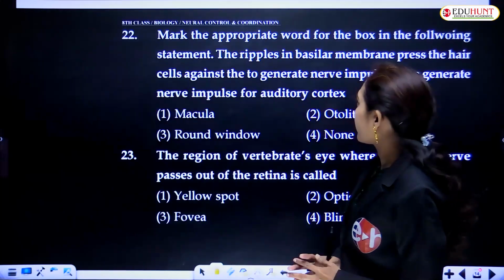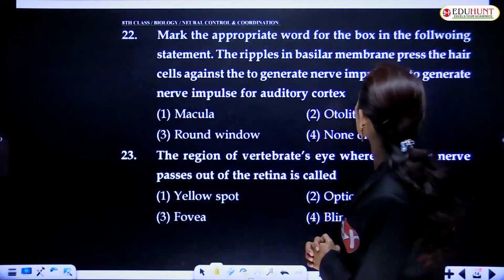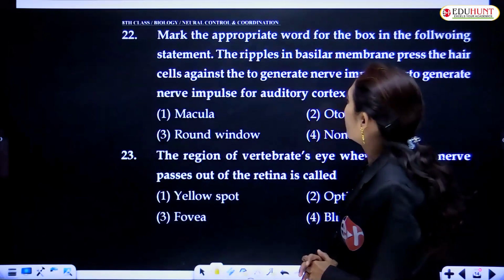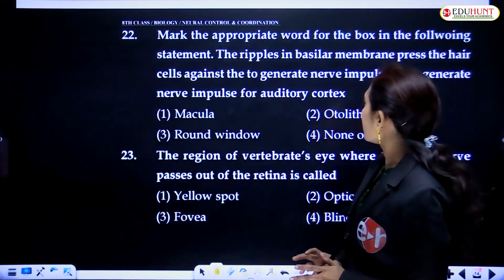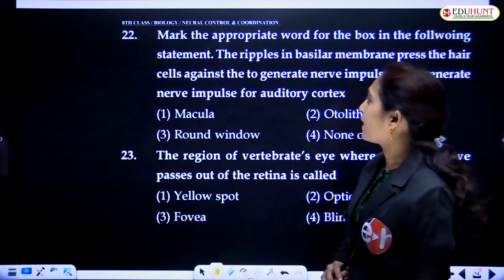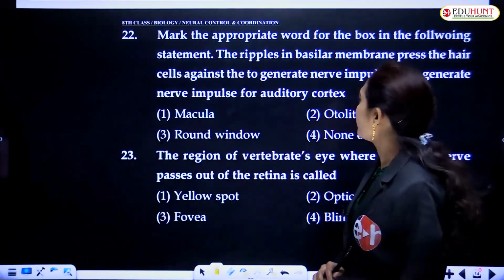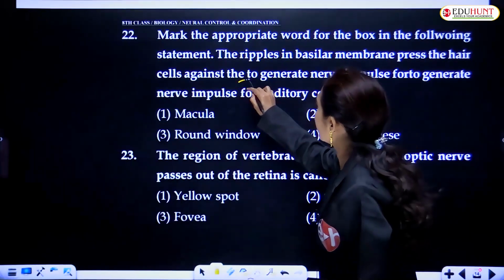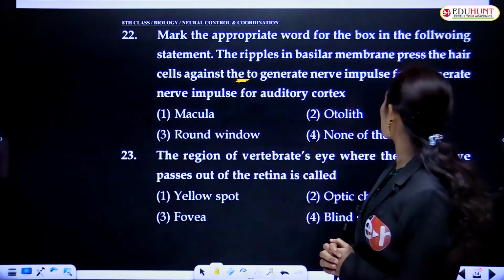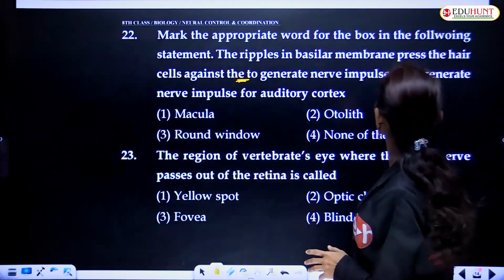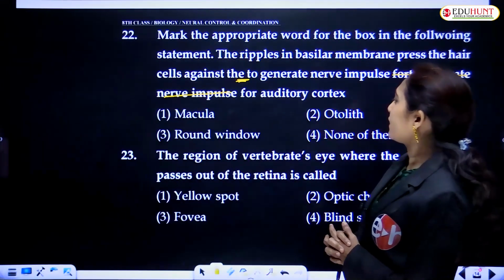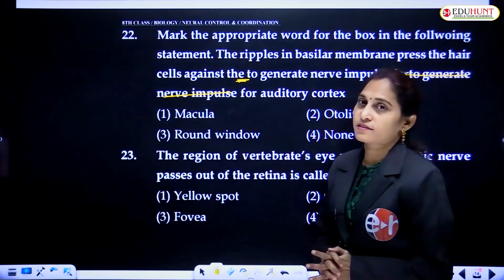Mark the appropriate word for the box in the following statement: the ripples in the basilar membrane press the hair cells against the dash to generate nerve impulses for the auditory cortex.